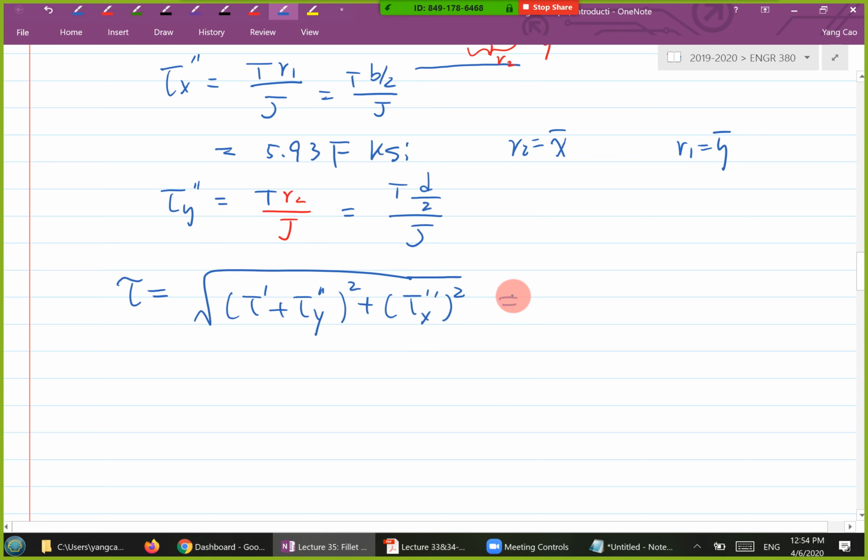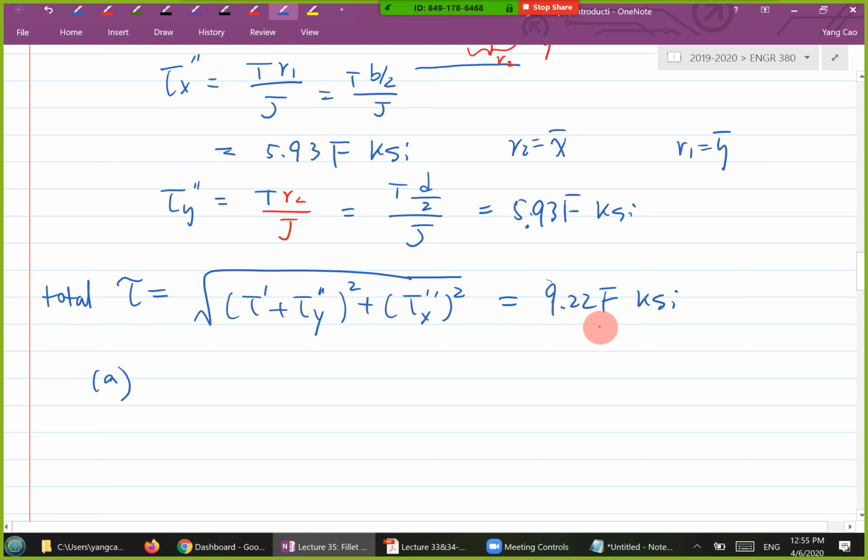So plugging, oh sorry, I haven't done this right now. So this is 5.93 F KSI. Plugging everything in and simplifying, you get 9.22 F KSI. So this is your total shear stress. Once you get this, we're ready to answer part A and then part B. For part A, all you need to do is compare the total with the allowable one.